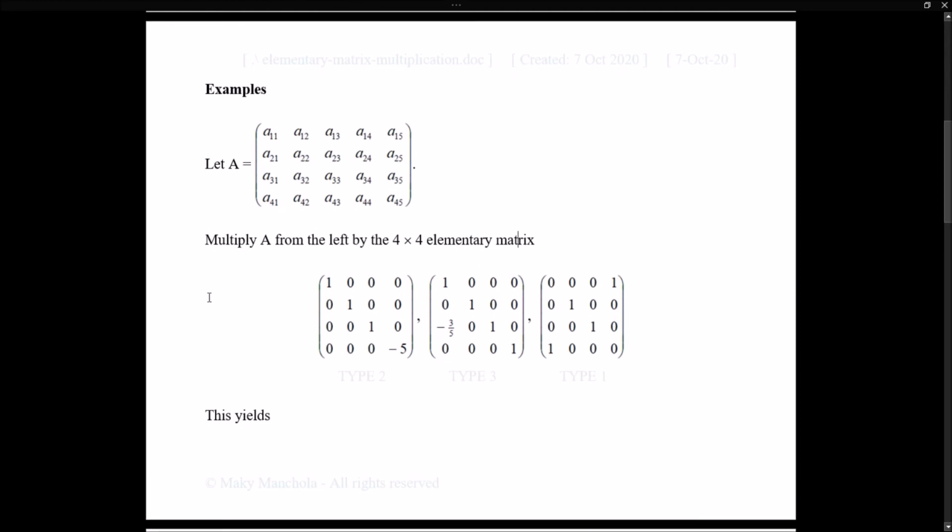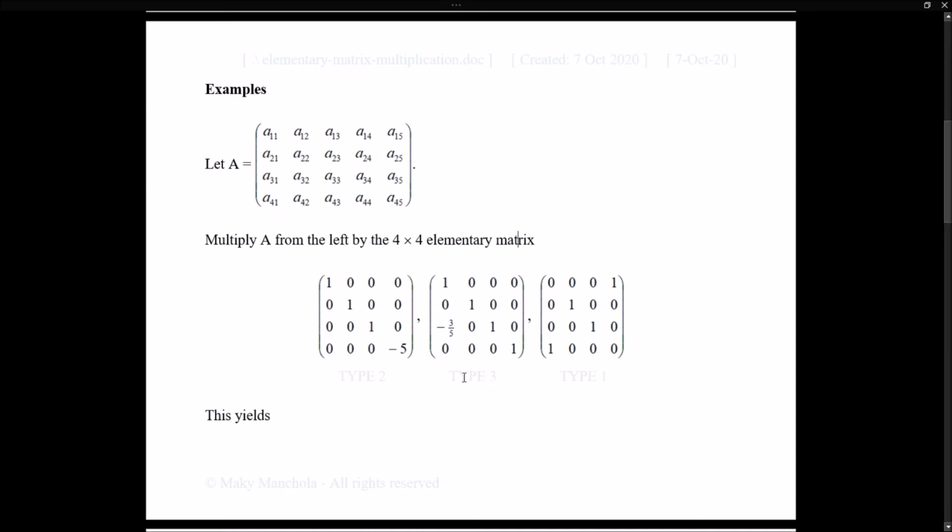Example. Let A be the generic 4 by 5 matrix. Multiply A from the left by the 4 by 4 elementary matrix. Case 1, the type 2 elementary matrix obtained by multiplying the fourth row of I by -5.